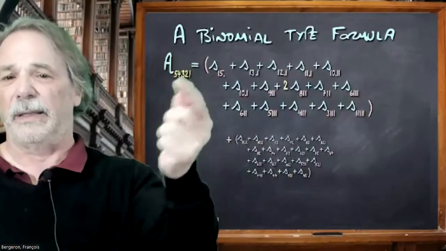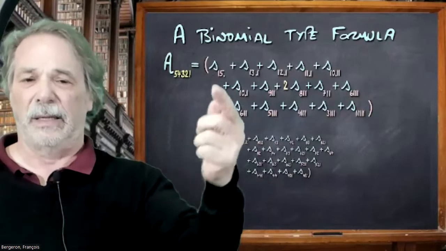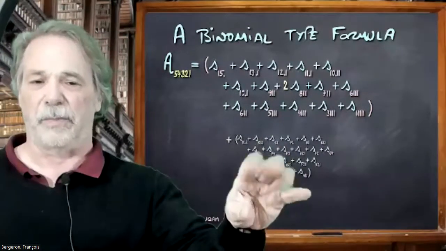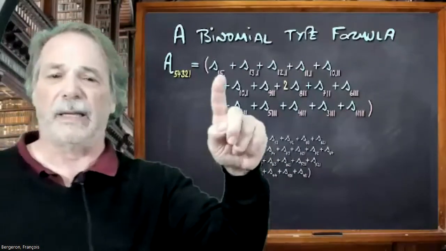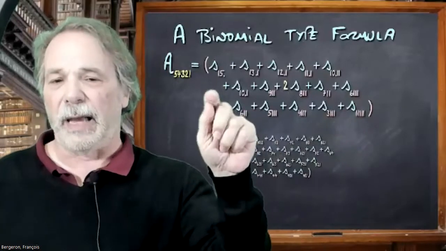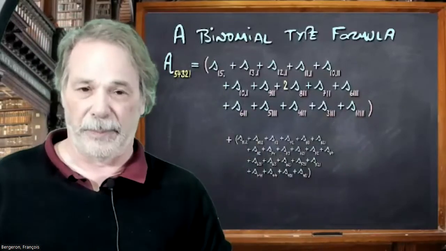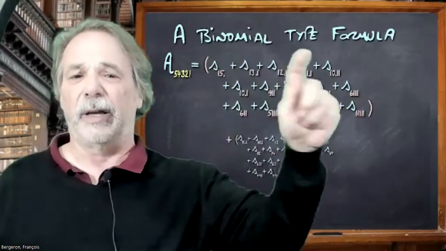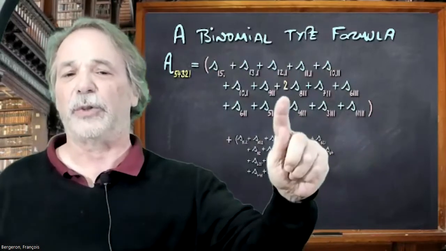So this expression expands into a formula in which you have Schur functions. There's some stuff here, but I keep here only the ones where the index of the Schur function is a hook shape. And if you count how many terms there are here, there are 16. There's a 2 here.